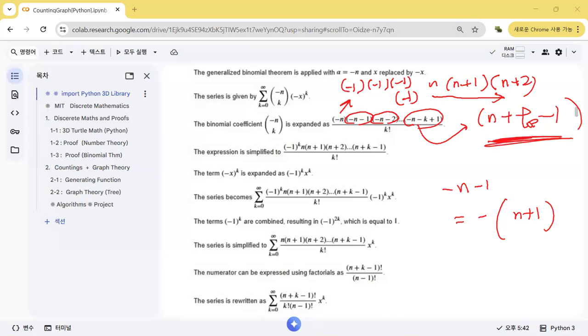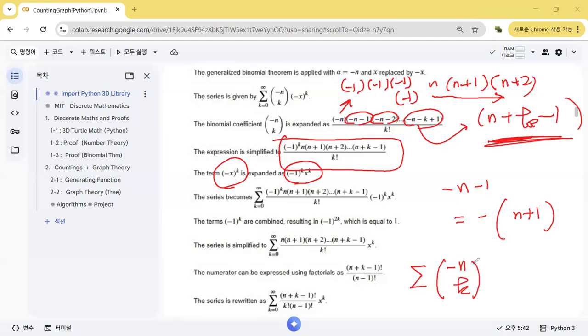So as you see, n, n plus 1, n plus 2, up to n plus k minus 1, and how many minus 1s are there? k many. And then minus x to the k is minus 1 to the k and x to the k. So finally you get minus n choose k and minus x to the k.